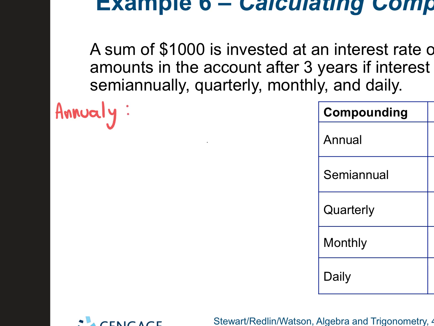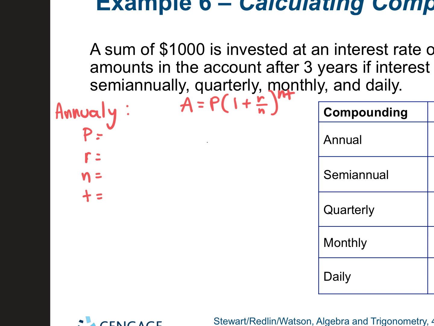I'm going to start by writing our formula. We have A is equal to P times 1 plus R over N, to the power of N times T. So we need to figure out what P is, what R is, what N is, and what T is. Let's do one at a time. What's our P?